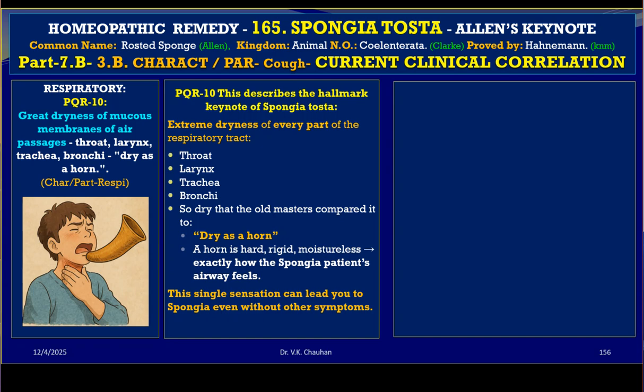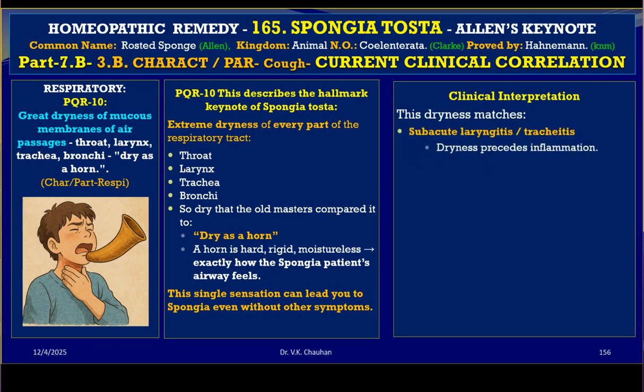If you think carefully, you need not think much. It is a very direct, the only possible medicine which will come to your mind even without other symptoms. So the clinical interpretation is that this dryness matches subacute laryngitis, tracheitis, where dryness precedes the inflammation. That particular phase you have to remember. Early croup, the dry, barking, sawing cough of Spongia is classical.